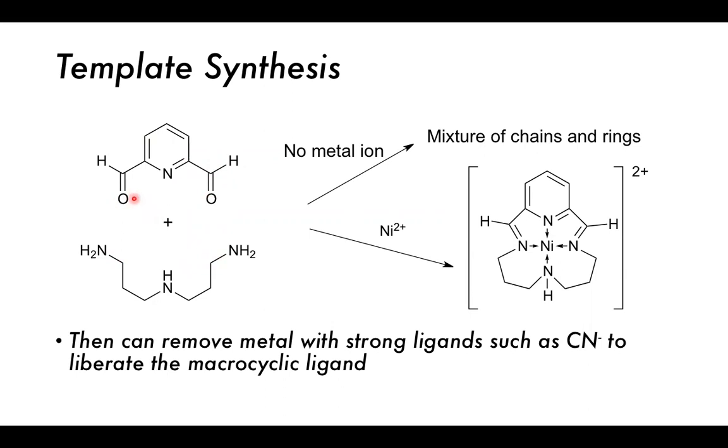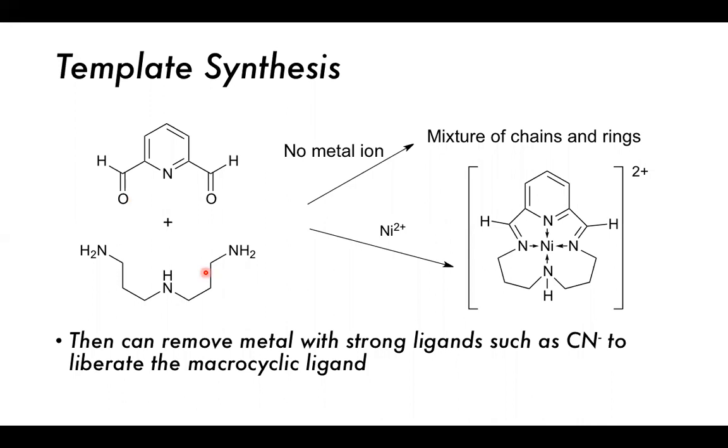However, if we want to create a ring every single time, the best way to do it would be to have a metal ion, which can be a structure directing agent via the complexation of these 2 molecules as ligands to the metal center.